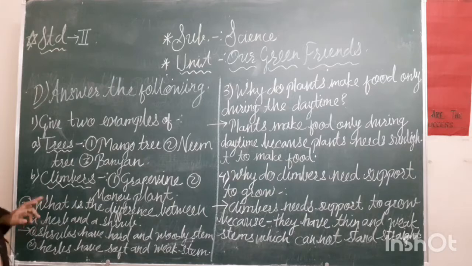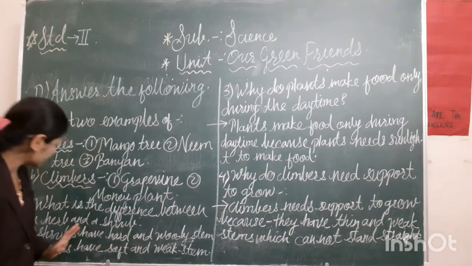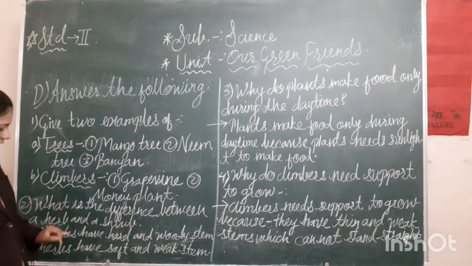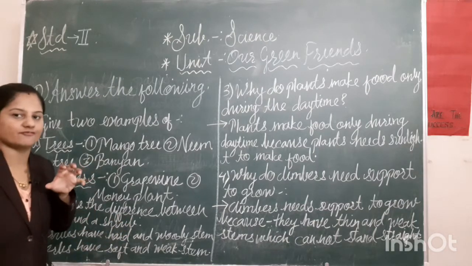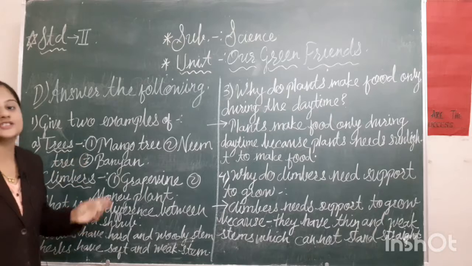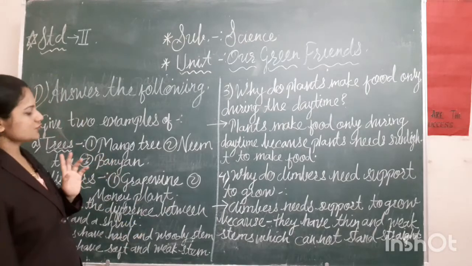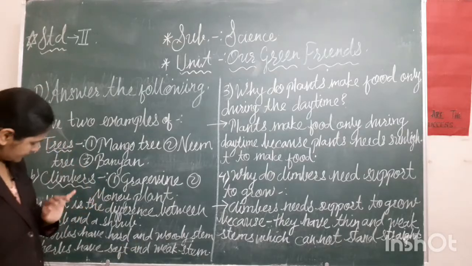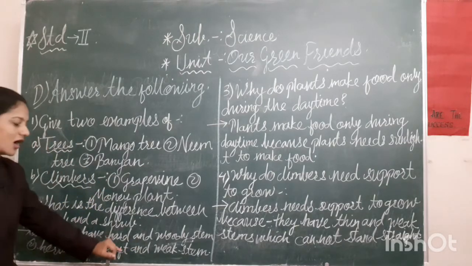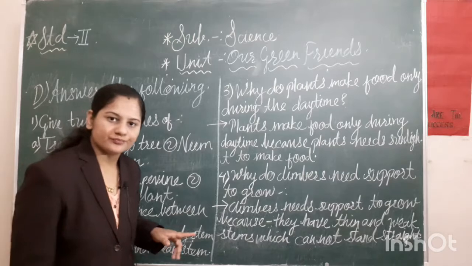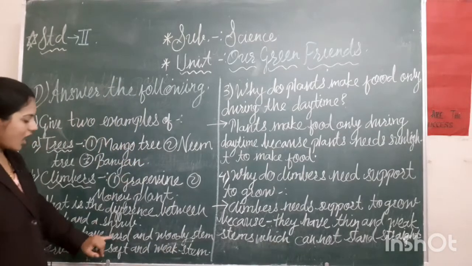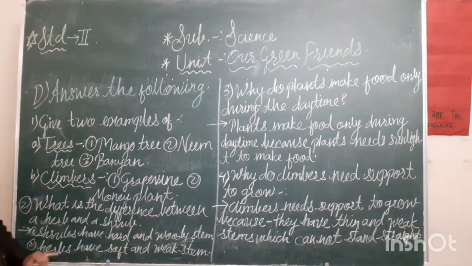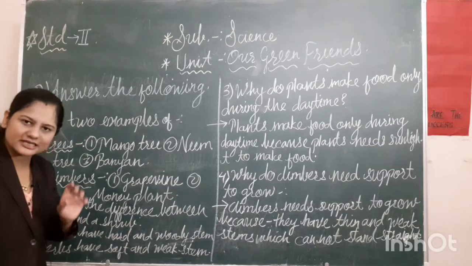Then the second question is what is the difference between a herb and a shrub? We have to identify the difference between these two plants. So students, I identify this difference between the two types: shrubs have a hard and woody stem, while herbs have a soft and weak stem.